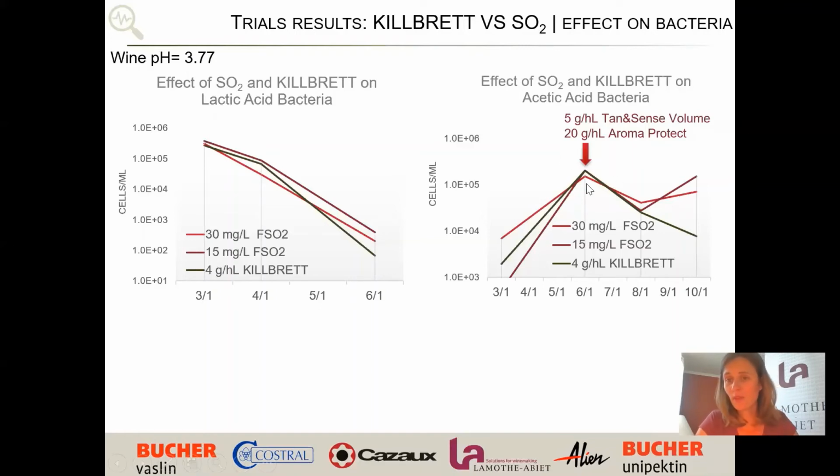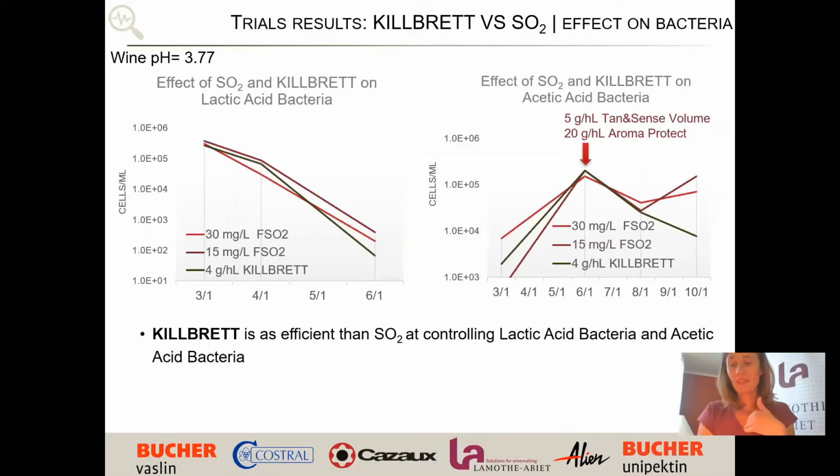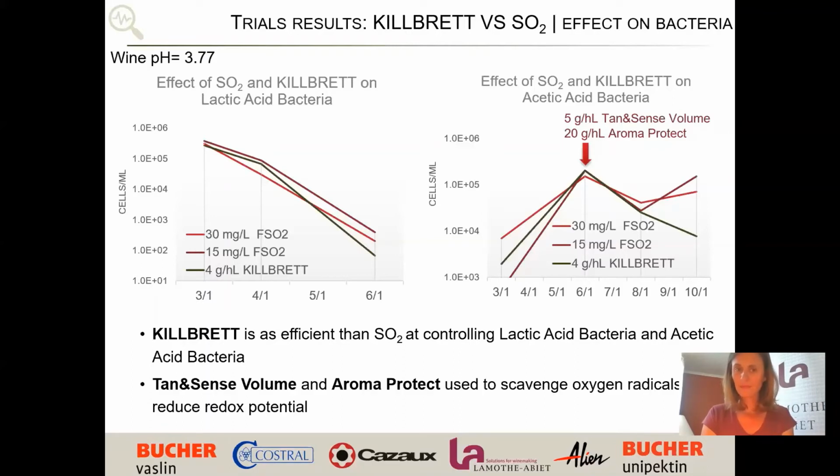Then at this point, what is interesting is when we use the KillBrett, these populations keep reducing, while with sulfur, we basically didn't protect at all and the bacteria just climbed back right away. So KillBrett is as efficient as sulfur for controlling lactic acid bacteria, or even better, and it is better for acetic acid bacteria.